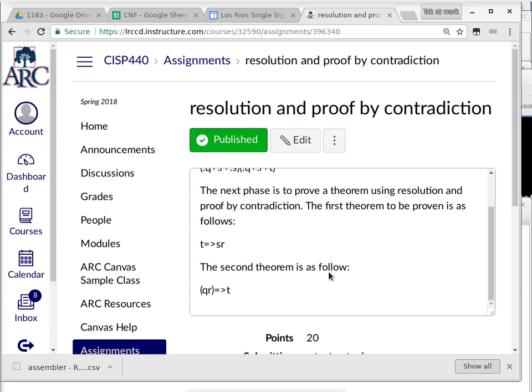There we go. Are there any questions about what this homework assignment is about and how to go about doing it? The module is going to be helpful because there are examples to show you how resolution works. To start off, we just negate the whole thing and then we combine it? You negate the theorem that you're trying to prove, and then you convert the negated theorem into a CNF.